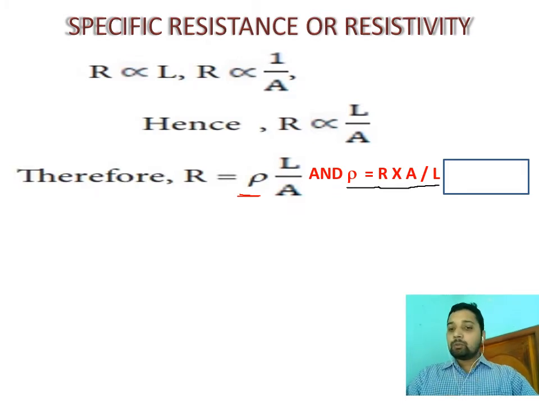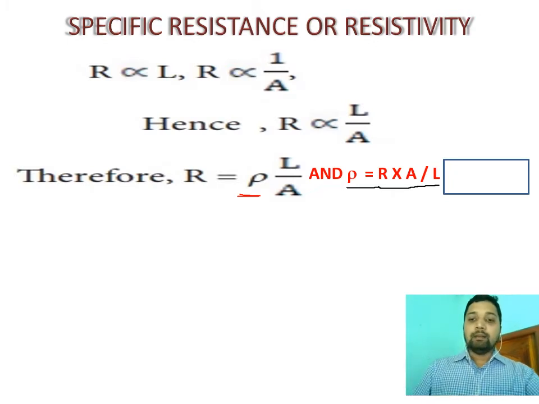When length is 1 meter and area is 1 meter square, then the specific resistance or resistivity is equal to resistance. So specific resistance or resistivity is equal to resistance when length is 1 meter and area is 1 meter square. That means for unit length and unit area, specific resistance and resistance are equal.